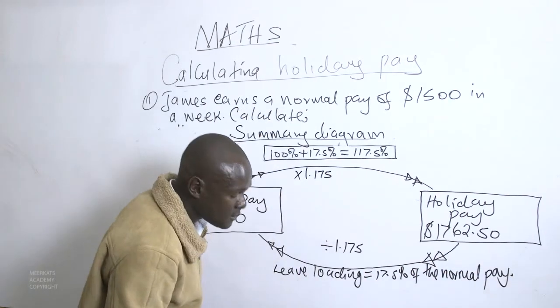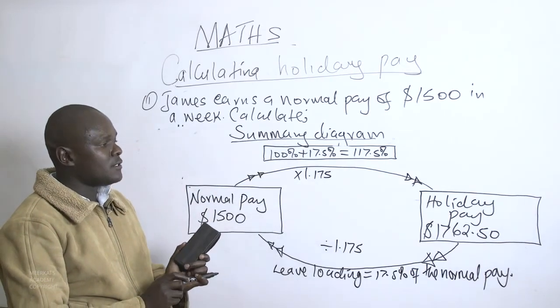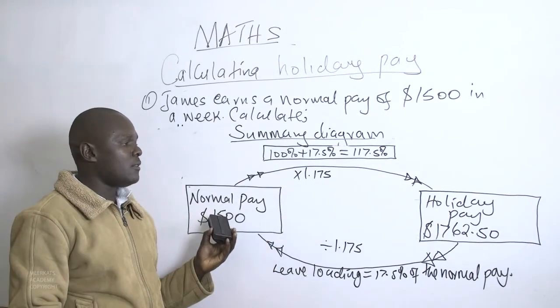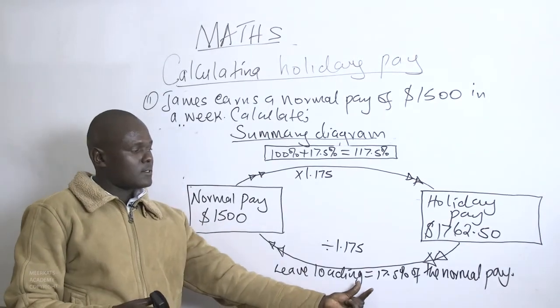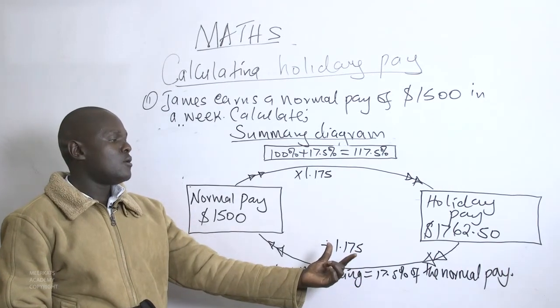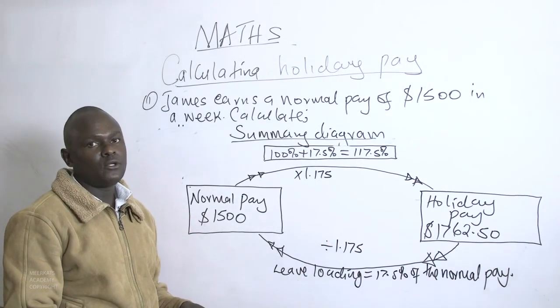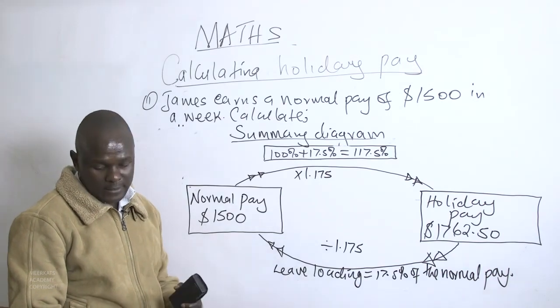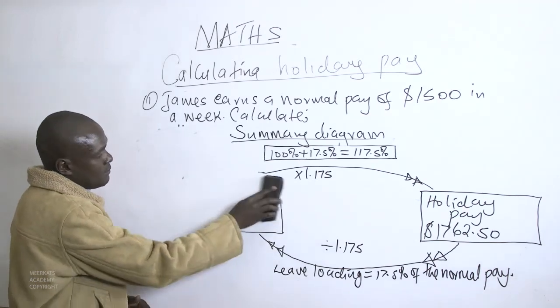We can calculate leave loading by getting the difference between the holiday pay and the normal pay, or we can go straight and look at 17.5% of the normal pay. That will give us the leave loading. That is another way of calculating that. So let us move on and look at another example.